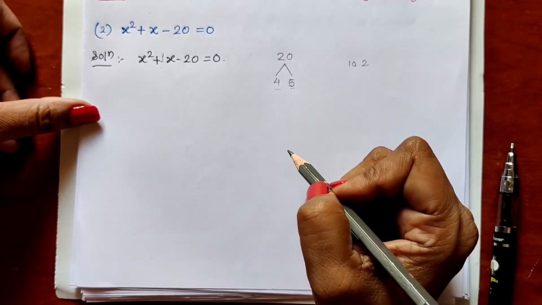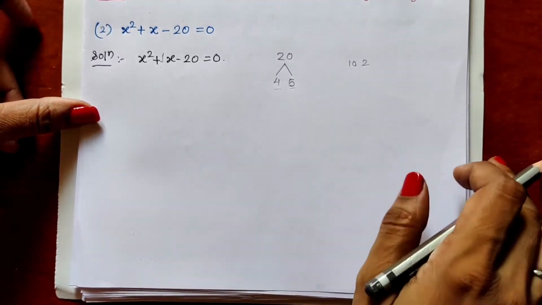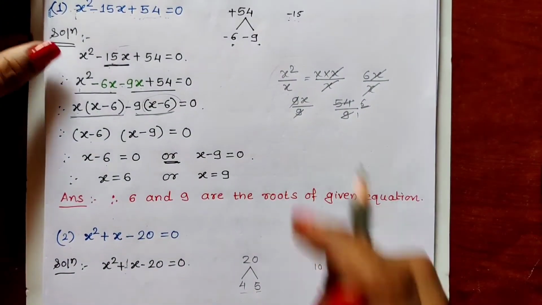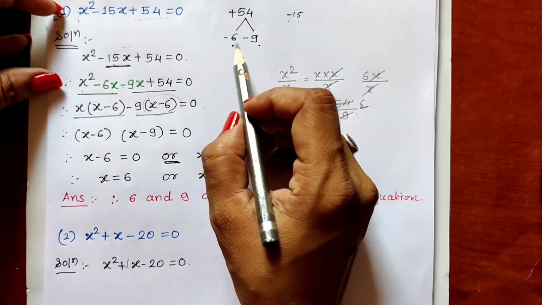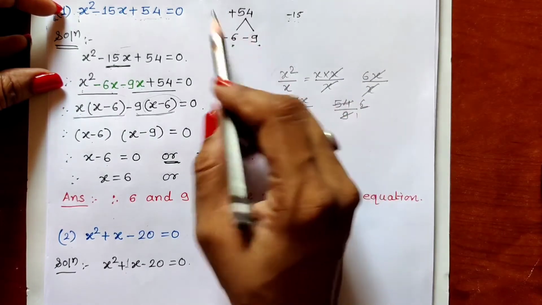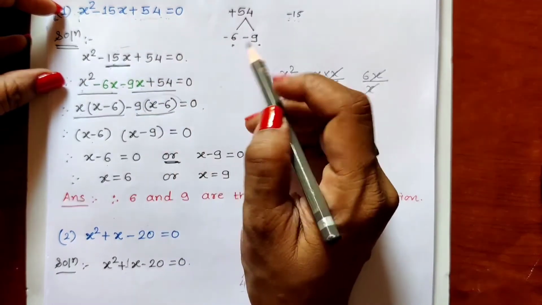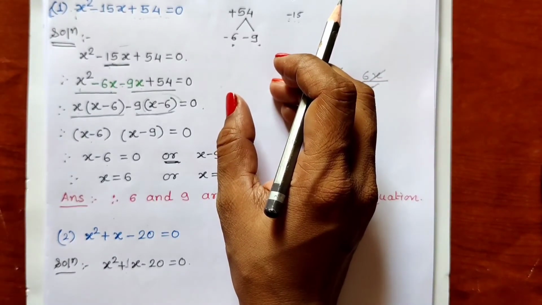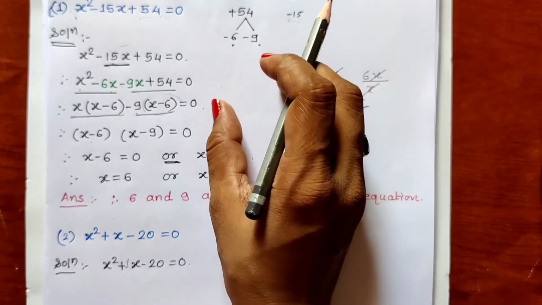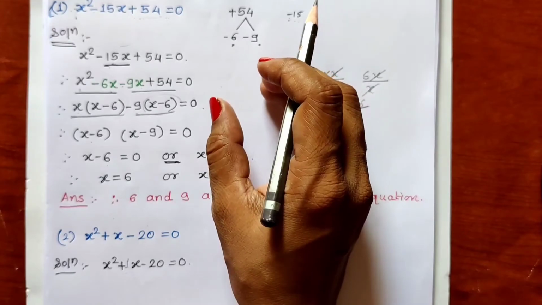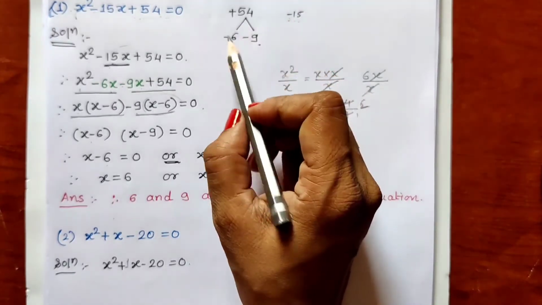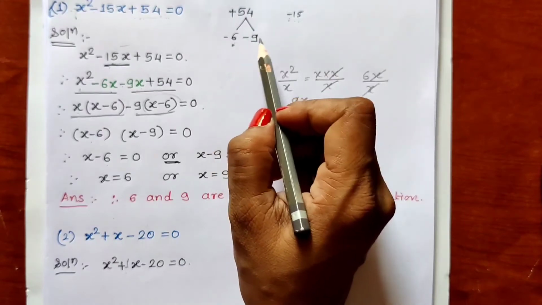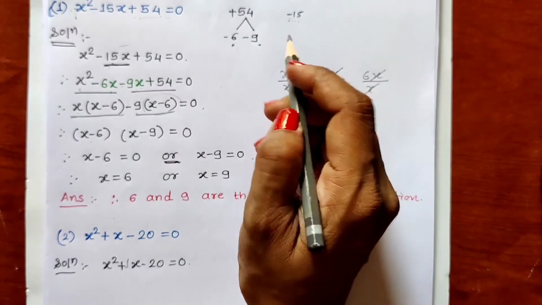Similarly, in the first sum also we got two factors of 54 whose addition is 15. Otherwise we would have to try various other factors of 54, but we have taken only these two factors because their addition is 15.